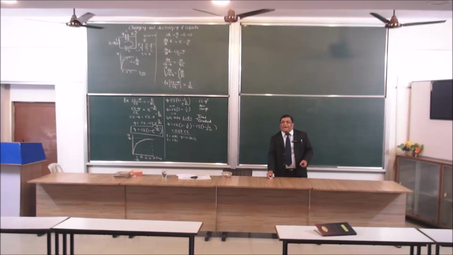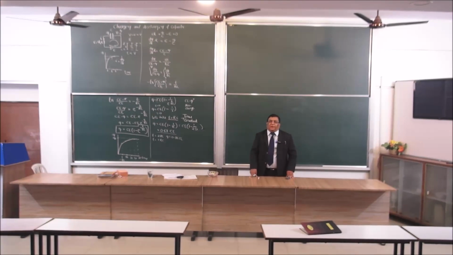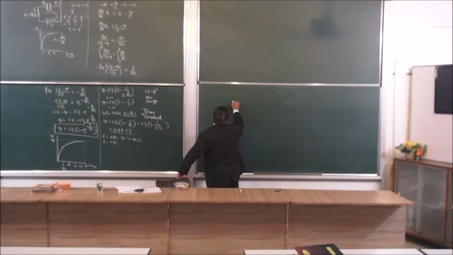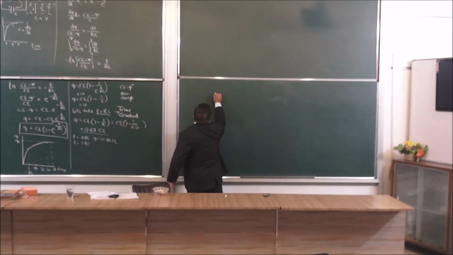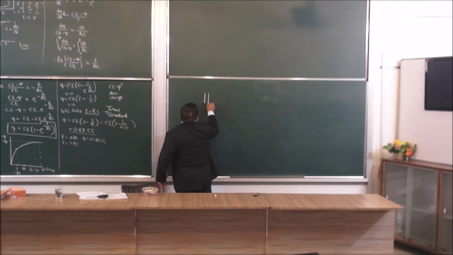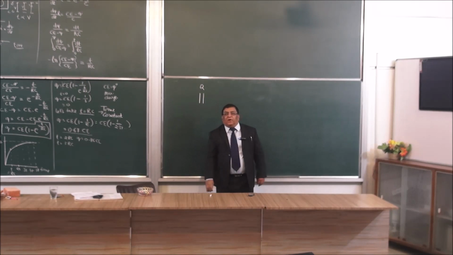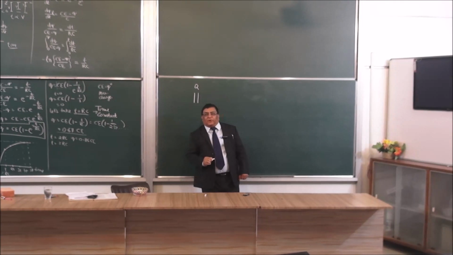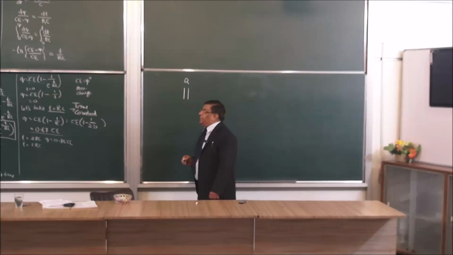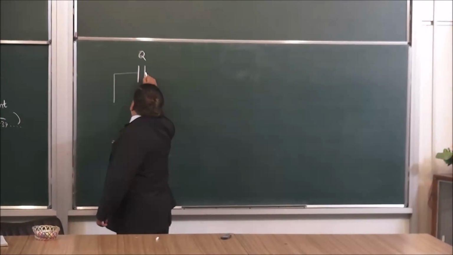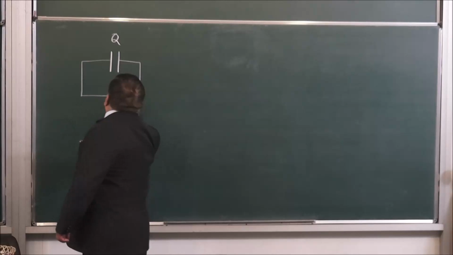Okay, we have a capacitor which is fully charged. Here is a capacitor fully charged. It has got charge Q. Now I want to discharge it. For discharging, what do we do? We short it this way.